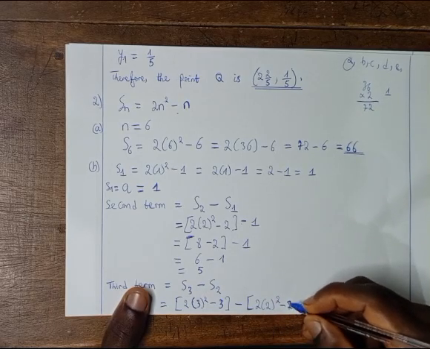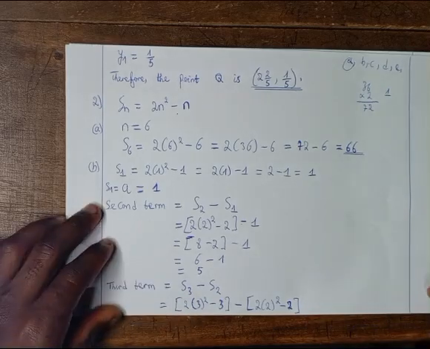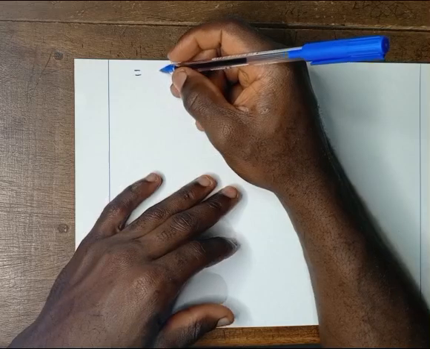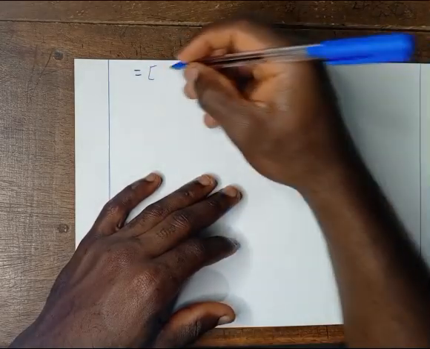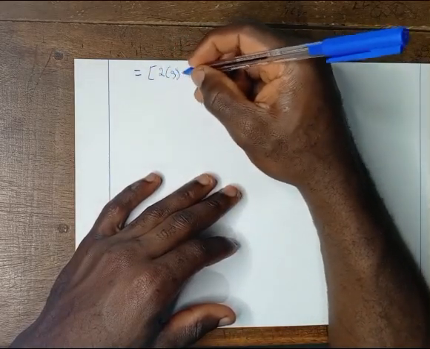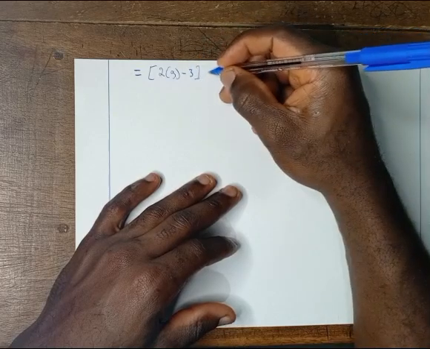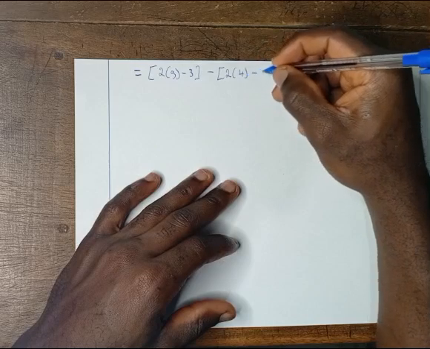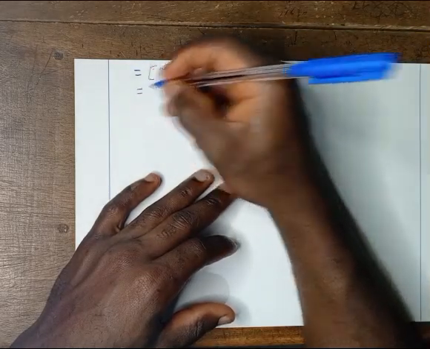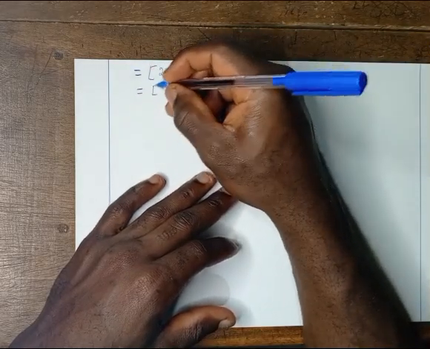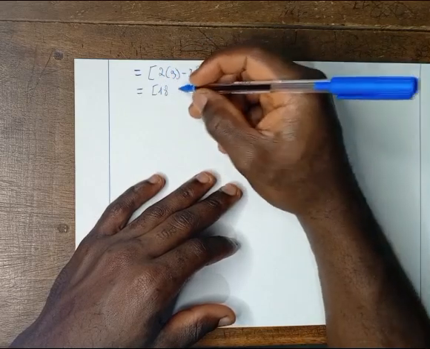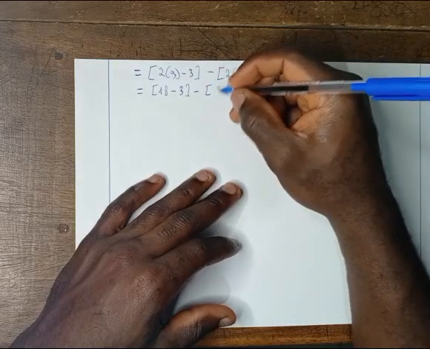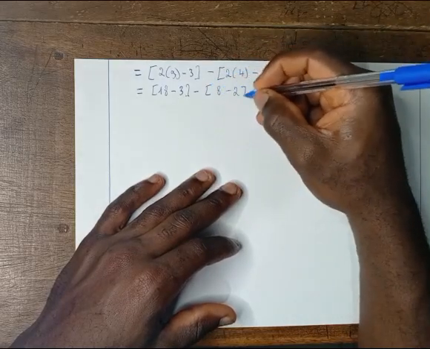This equals 2 times 9, which is 18, minus 3, minus 2 times 4, which is 8, minus 2.